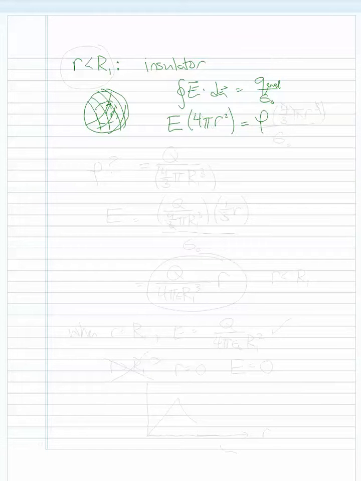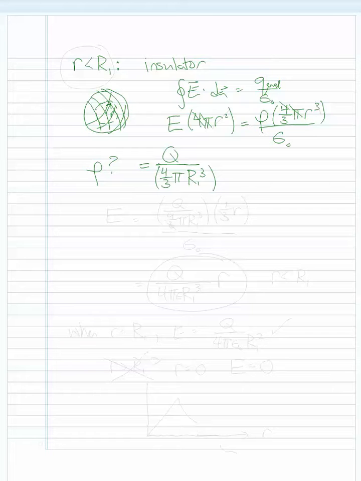Let's call it a charge density rho times the volume inside my Gaussian sphere, divided by epsilon naught. So I can cancel out the 4 pi's here, but I need to know rho. I know that I can always calculate a density by taking the total charge and dividing it by the total volume of the thing that's got that charge on it, right?